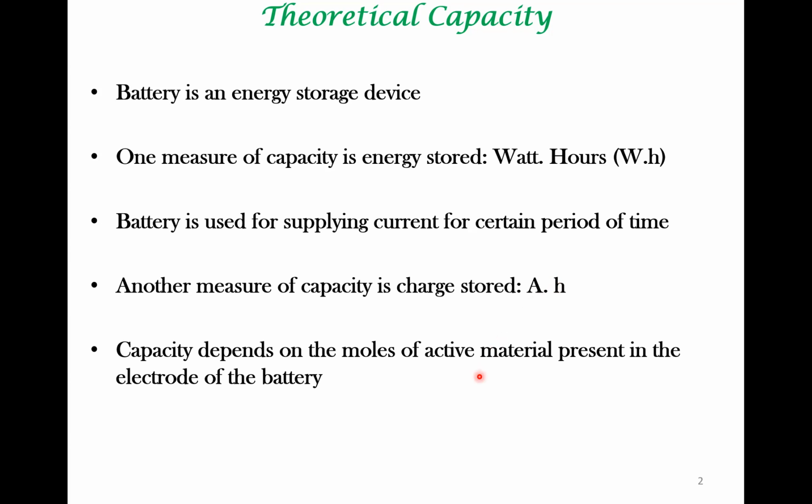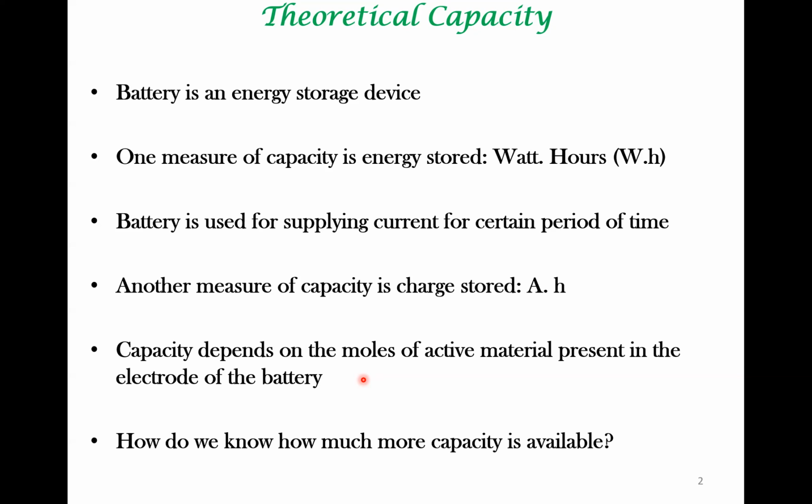The capacity of a battery, by either measure, would depend on the moles of active material present in the electrode of the battery. The active material is the anode and the cathode. So the moles of active material present would determine the capacity of a battery.